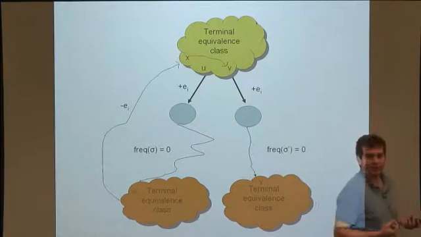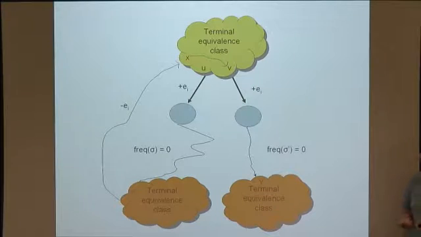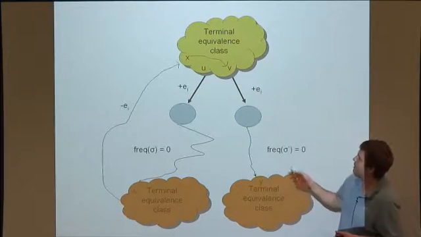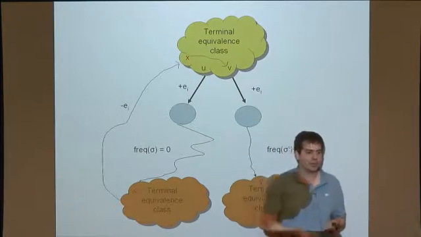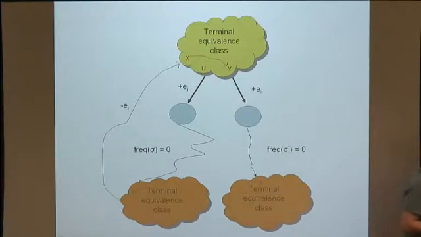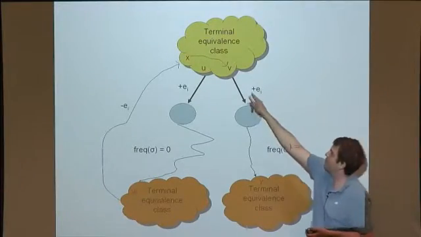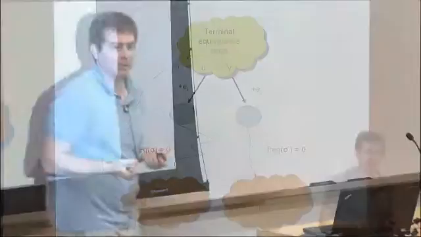So the net update is actually 0. What that means is that when I subtract EI from W, I must return to some node X inside of my terminal equivalence class. Because it's a zero frequency update stream, and there's no outgoing edge, I can't escape this terminal equivalence class. Now also, this terminal equivalence class is connected. So there's a zero frequency stream path from X to this other node V that we said we could have used instead.